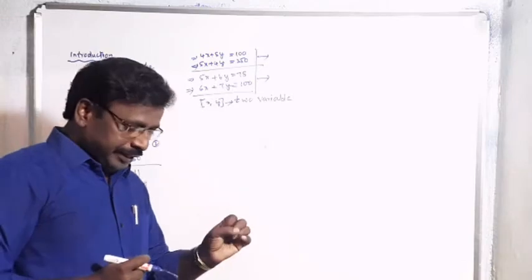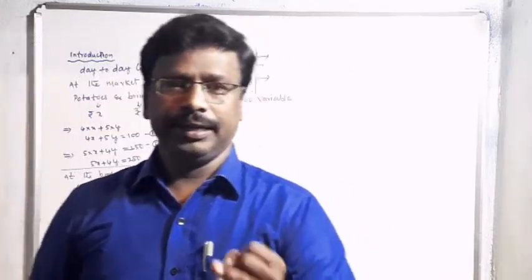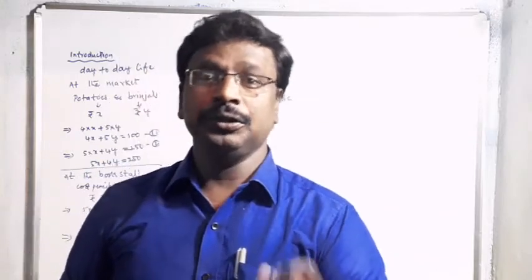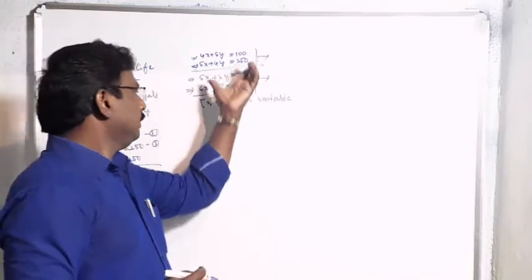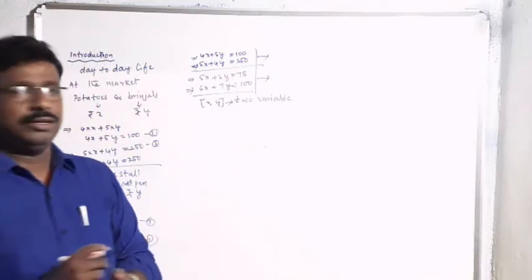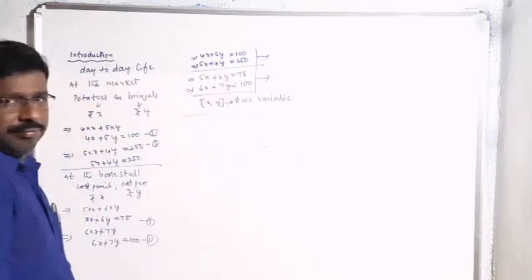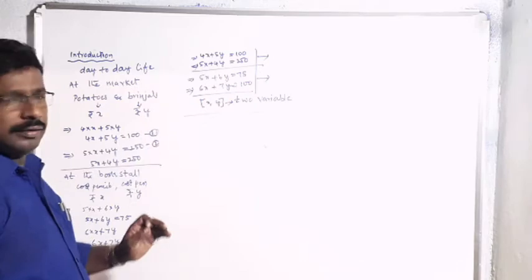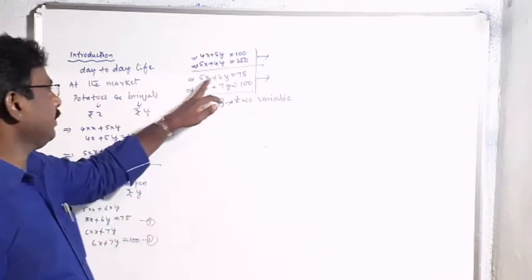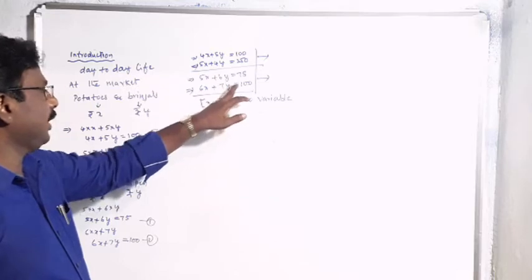Not only at the market, at the bookstall, in day-to-day life you can observe and make equations like this. First equation 4x plus 5y is equal to 100. Second equation 5x plus 4y is equal to 250. Come close to bookstall: 5x plus 6y is equal to 75, 6x plus 7y is equal to 100.